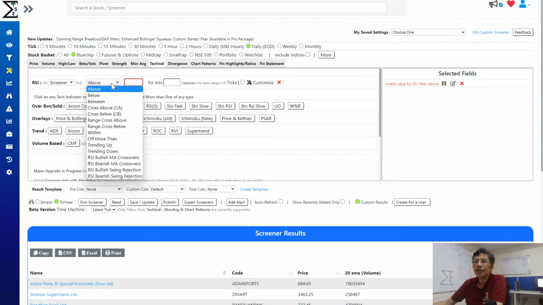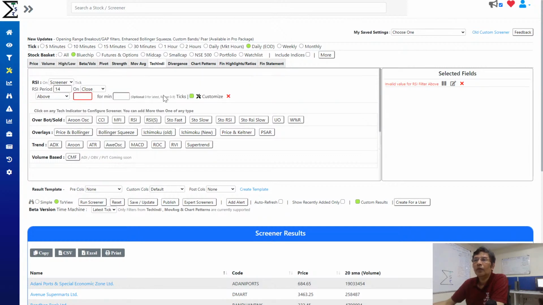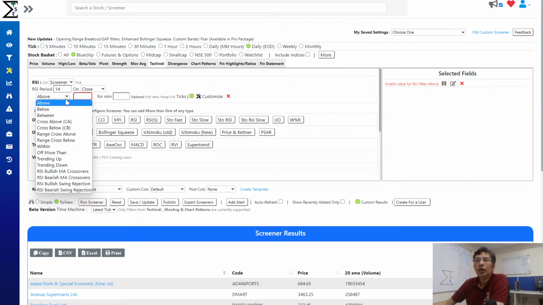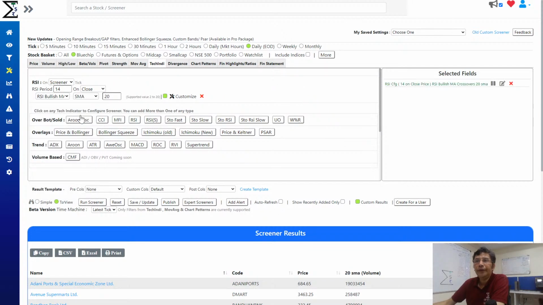So if you want to see, right? What we are doing is basically creating a screener where the 14 RSI is crossing above the 20 moving average of 14 RSI, right?